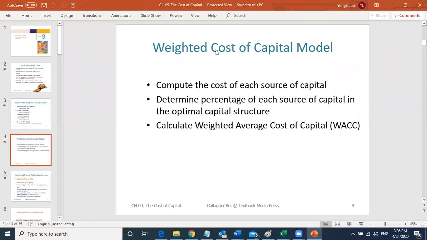First you compute the cost of each source of capital, then you determine the percentage of each source of capital in the optimal capital structure, and then you calculate the weighted average cost of capital. We call it WACC.